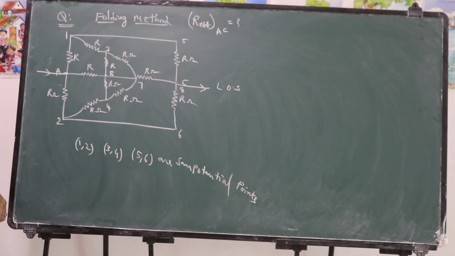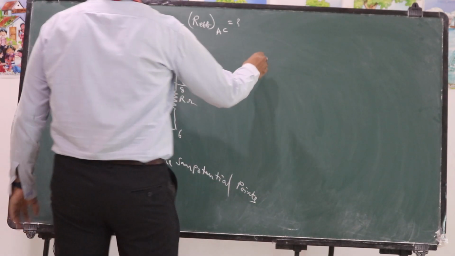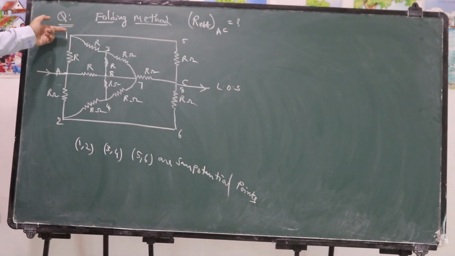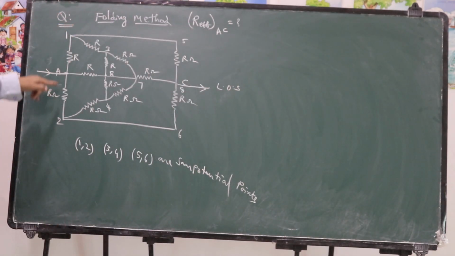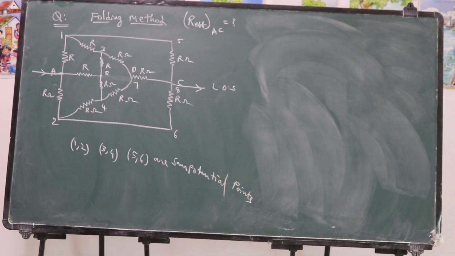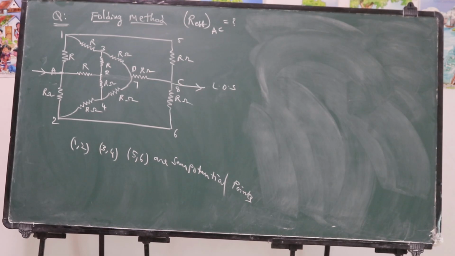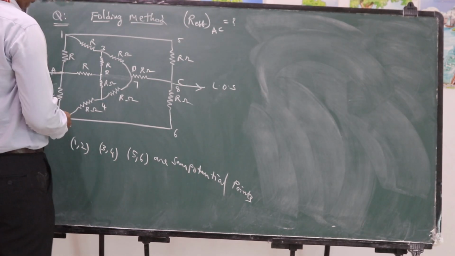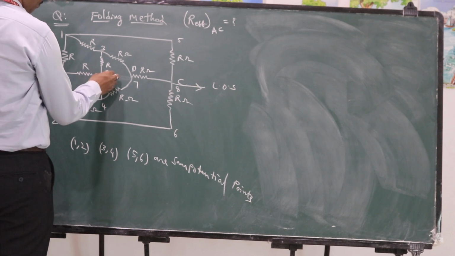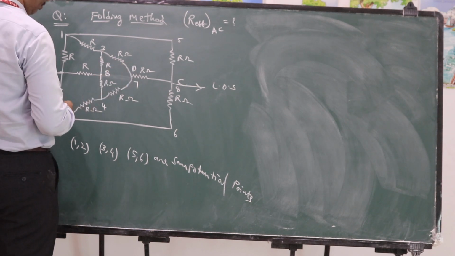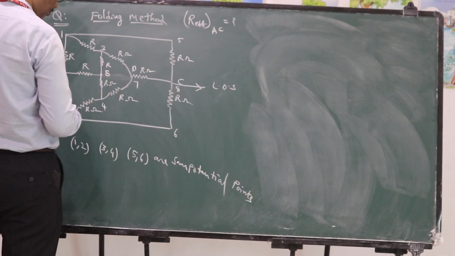That means if I fold the circuit you will get like this. If I fold this 1 onto 2, from point A to this 2, you will get, now between B and D, no wire is available.